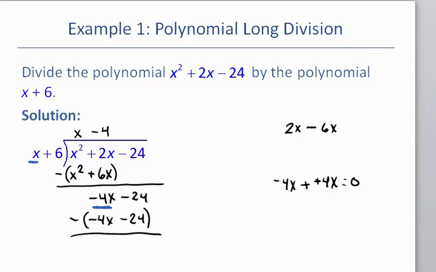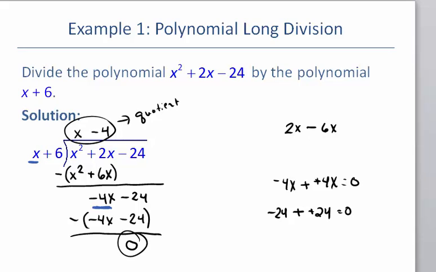Now, actually, the same thing happens with the 24. We've got a subtraction on the outside. Inside the parenthesis, we have a negative 24. So this subtraction and this negative become plus a positive, and we get 0. So the quotient is x minus 4, and the remainder is 0.